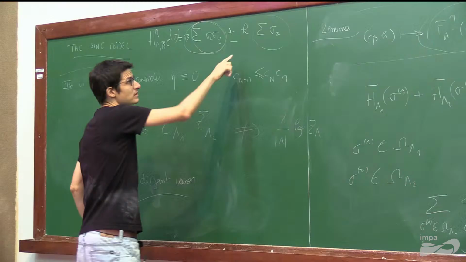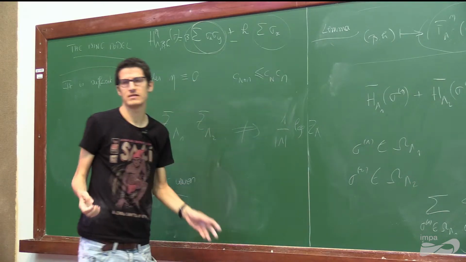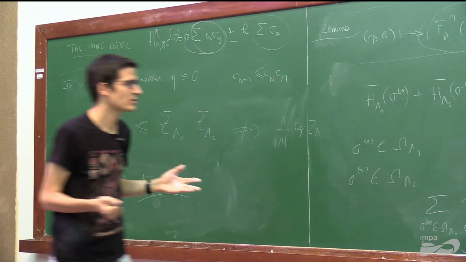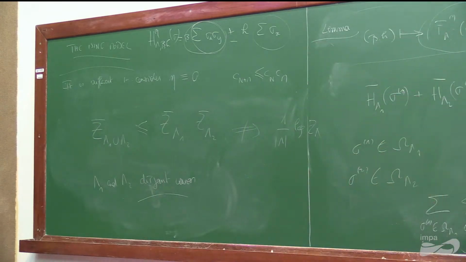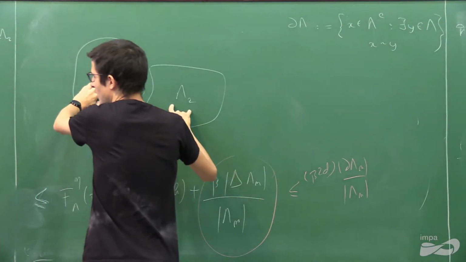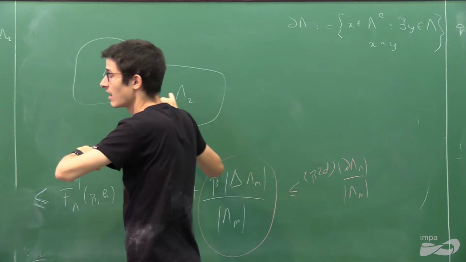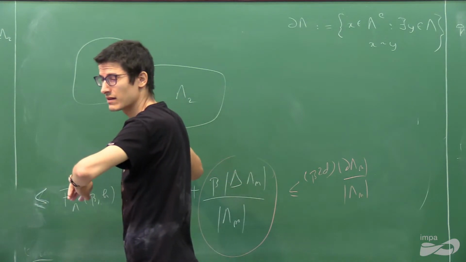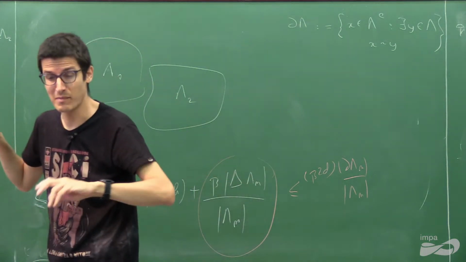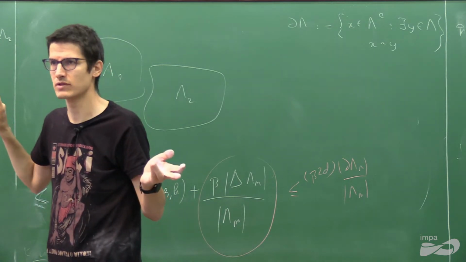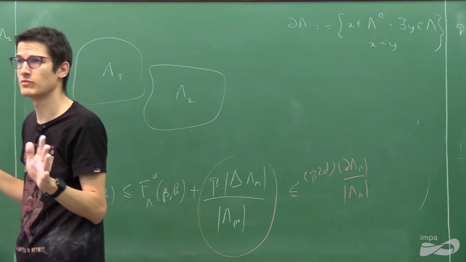If you take the sum of the sigma x's in lambda 1 plus the sum of the sigma x's in lambda 2, times h, if you sum them, you get just the sum of the sigma x's over lambda 1 union lambda 2. So here it's exactly additive, so you don't need to modify anything.